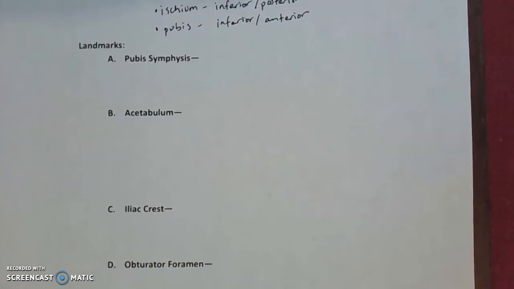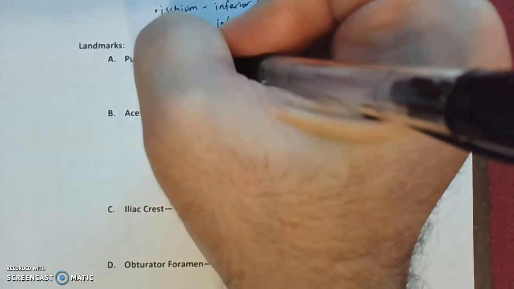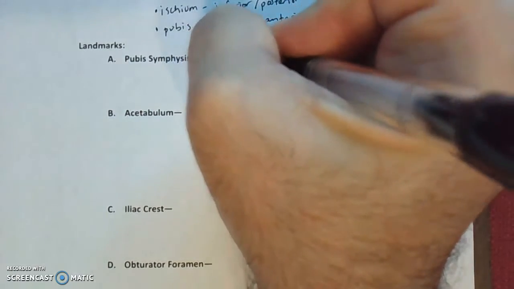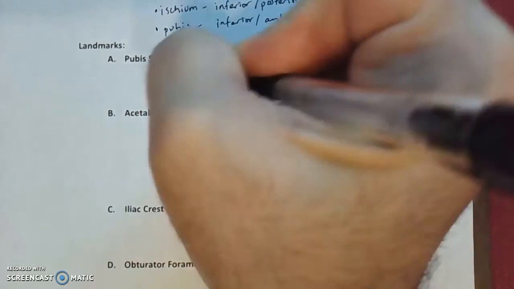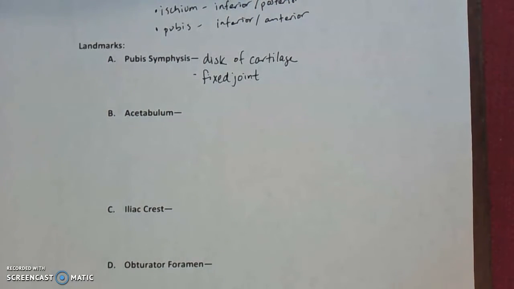So these landmarks, the pubis symphysis or symphysis pubis, I've heard it both ways, is a disc of cartilage. And this is a fixed joint, which means that it does not move. The two pubis parts of the coxal bone join here with an interpubic disc to form this joint, and it does not move.